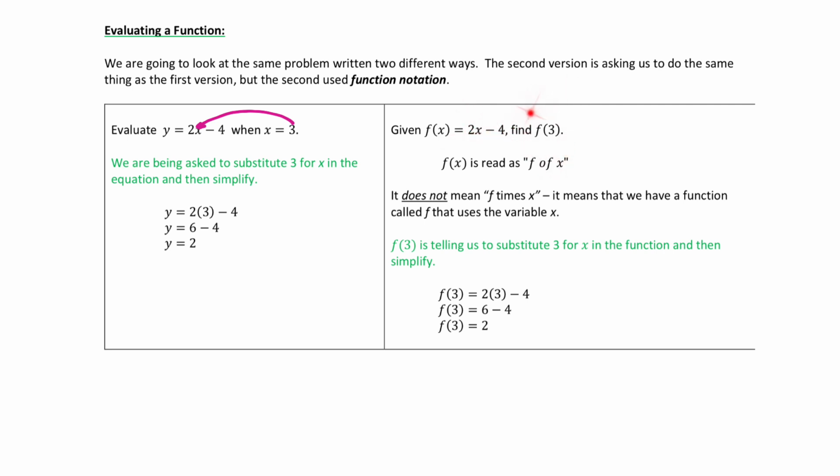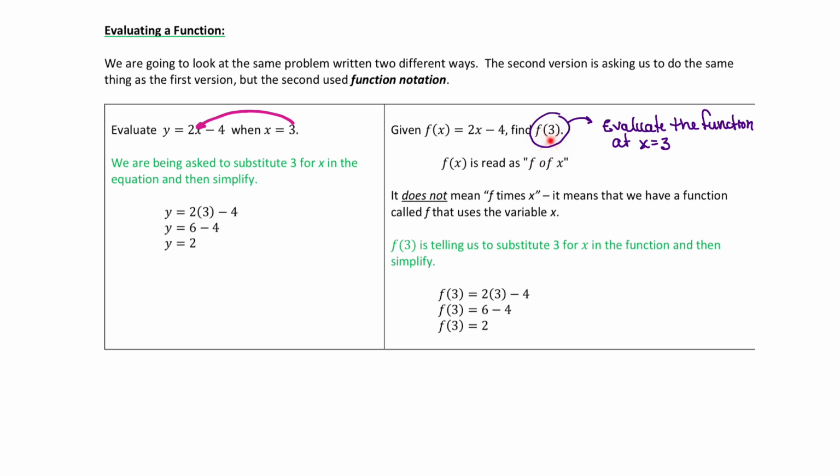When it has this, f of 3, it wants you to evaluate the function at x equals 3. Okay, you notice f of x, the x was changed to a 3. So we want to know what it is when x is 3.